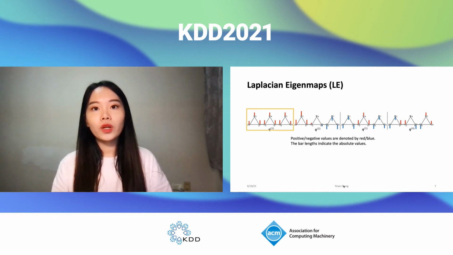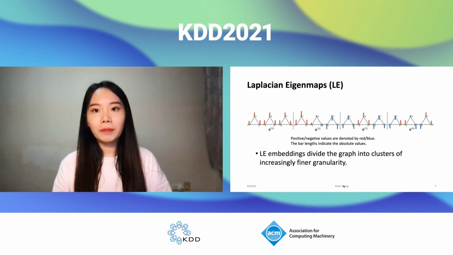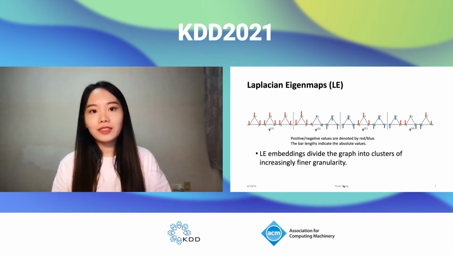We observe only one cluster in the first dimension, 2 clusters in the second dimension, 3 in the third one, and 4 clusters in the fourth dimension of the LE embeddings. In summary, later dimensions of LE embeddings feature greater fluctuation between the neighboring nodes. In other words, the LE embeddings divide the graph into clusters of increasingly finer granularity.